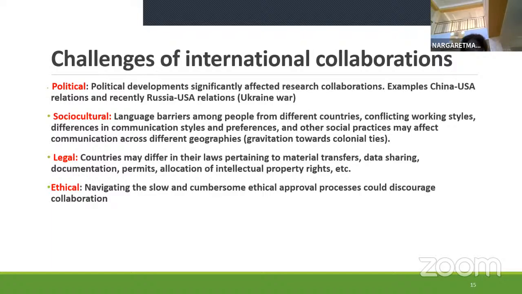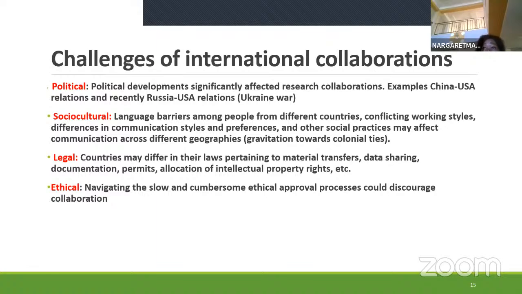However, there are challenges in international collaboration. It could be political. For instance, if you want to collaborate or you have been collaborating, just as an example, let's say the collaborators are between Ukraine and Russia. Once you're at war, all those things are jettisoned. It can no longer happen. Then there's a socio-cultural aspect.